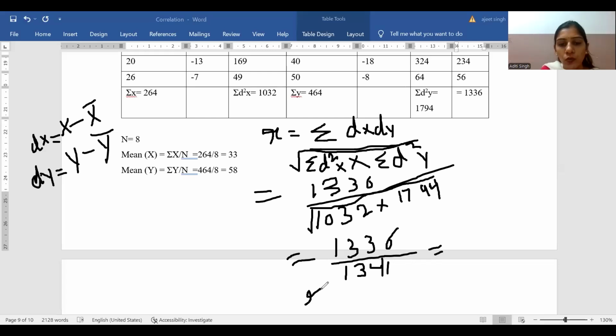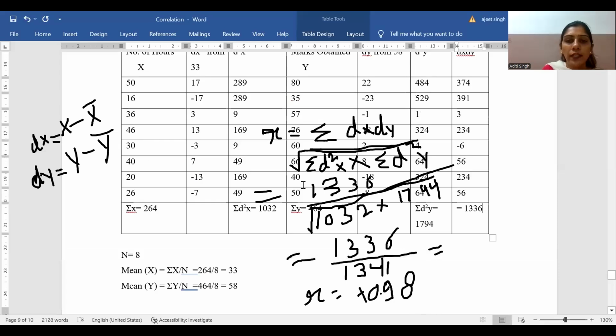So the value of R is equal to plus 0.98. Okay, so this is how we basically calculate the value of R.